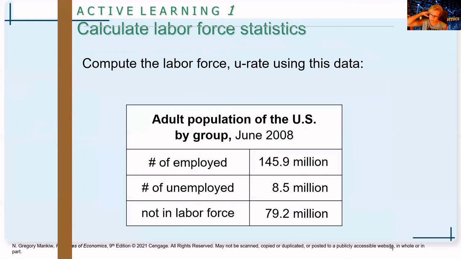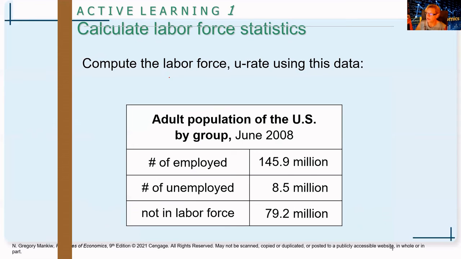Okay, so here's a problem that we're going to work out. The adult population of the US by group, and the number of people employed, the number of people unemployed, and not in the labor force. So we want to compute the labor force, because that's what we're going to need to know to compute the unemployment rate.